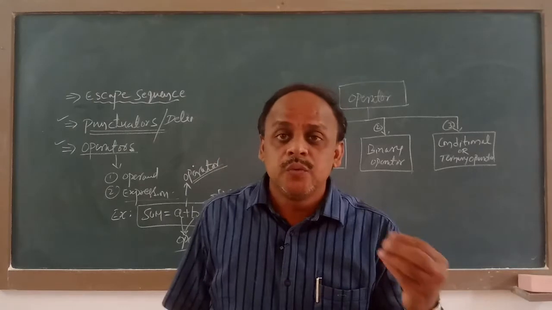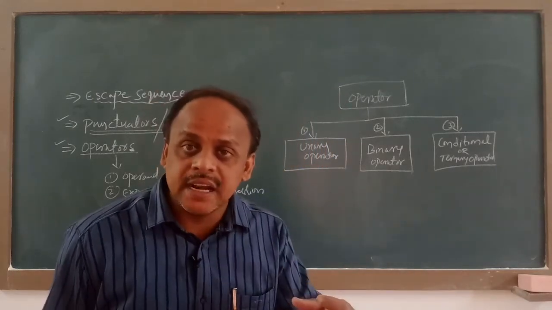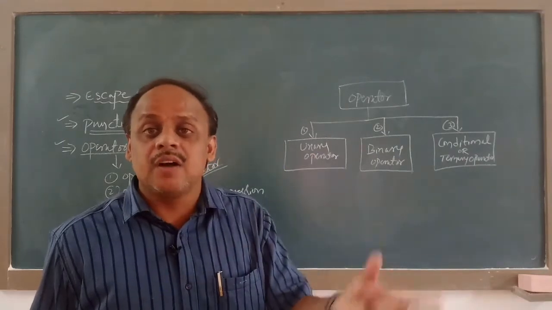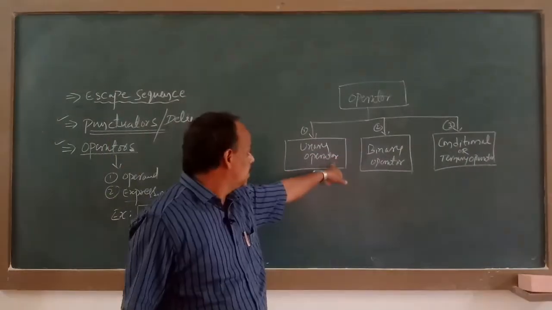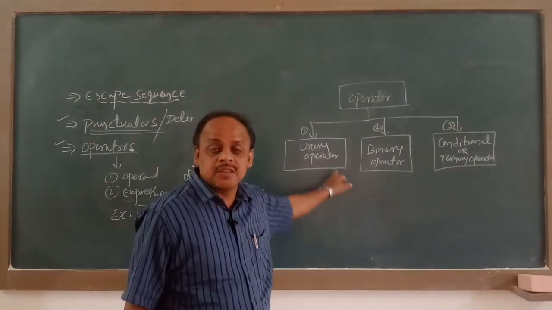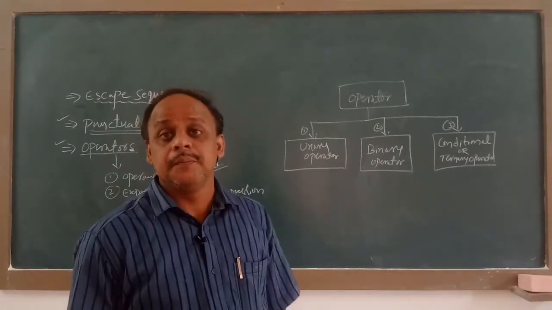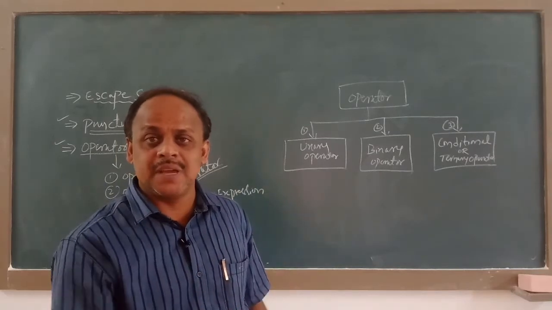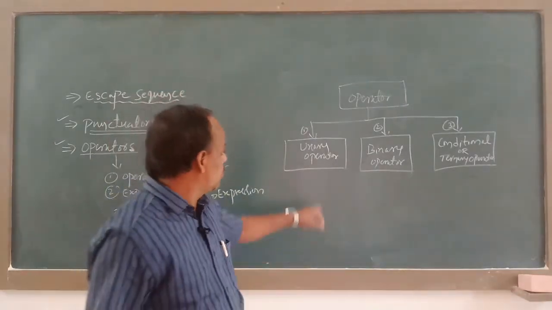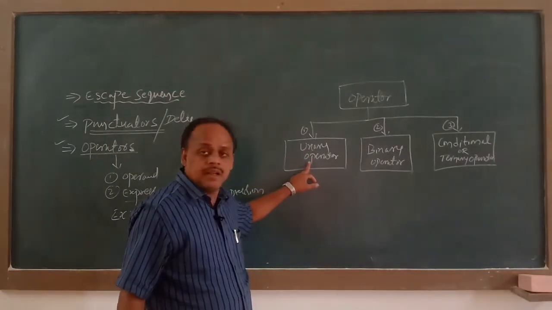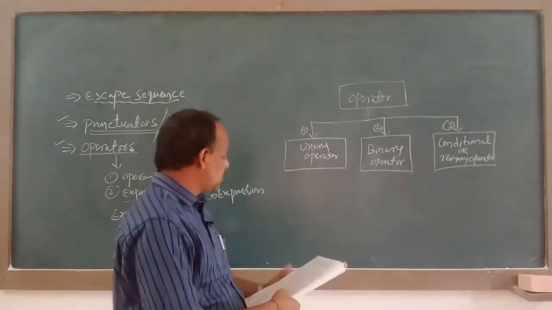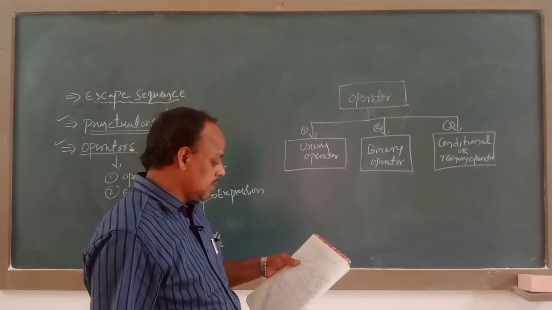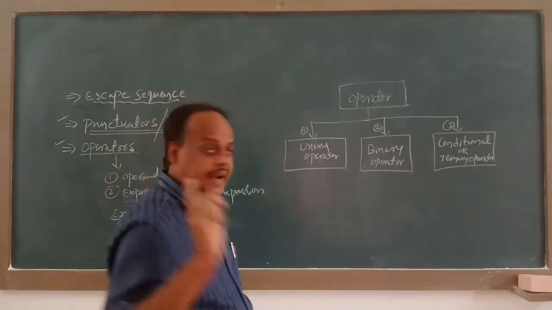So we can say that operator classification is made on the basis of operands. If only one operand is there and we have to perform some operation, at that time we use only unary operators, right?